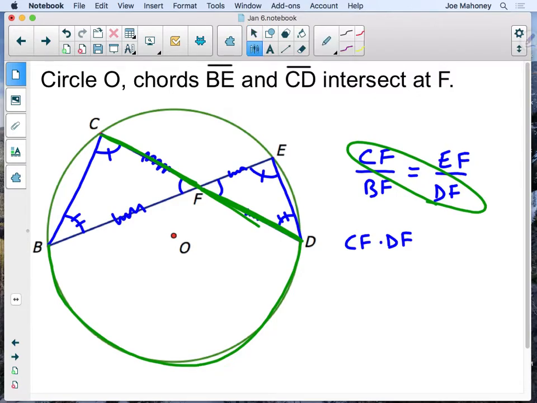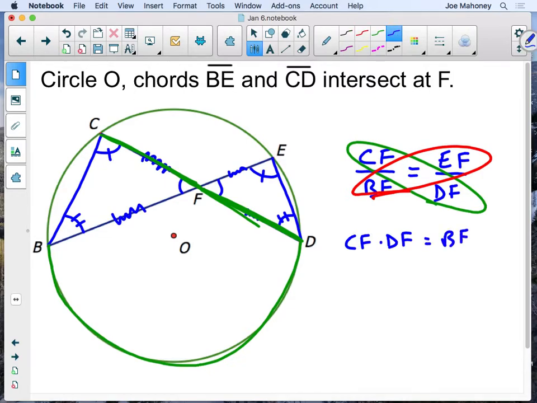And if you look at the other one, where we multiply BF and EF together, when we multiply those 2, we have this chord here, BF, and that chord there being multiplied, or those segments of the chord being multiplied together. So that's kind of the proof, if you will, as to why this equation can be written.